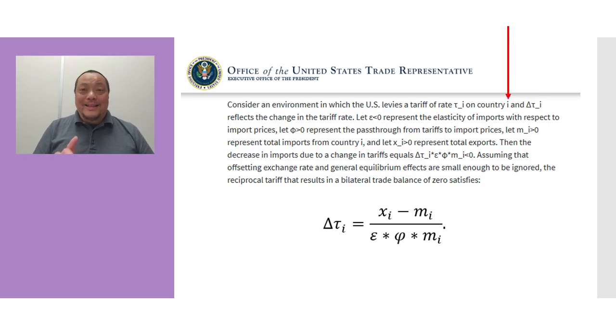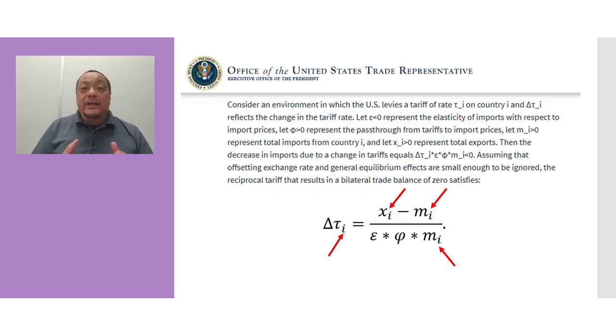What's most important in this sentence is the letter i. It represents the country that they are considering tariff for. The letter i shows up in the formula as subscript. Here, here, here, and here. The letter i means the country, different i's for different countries.